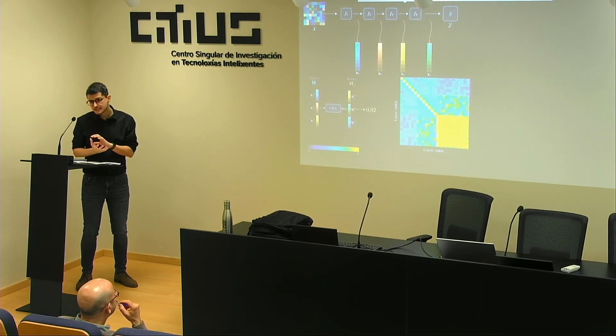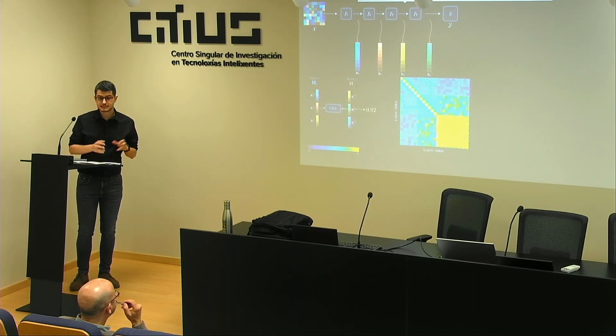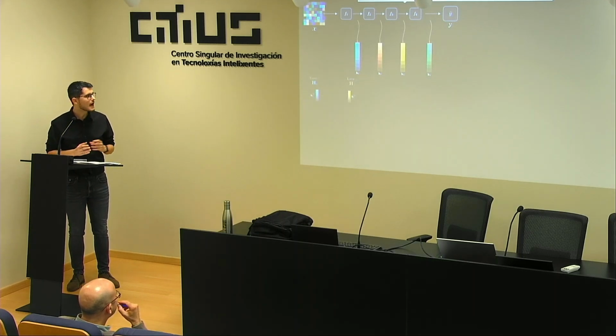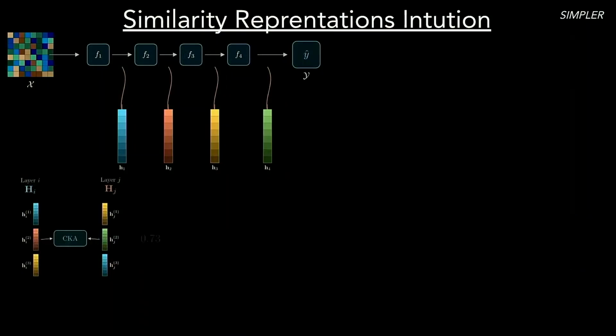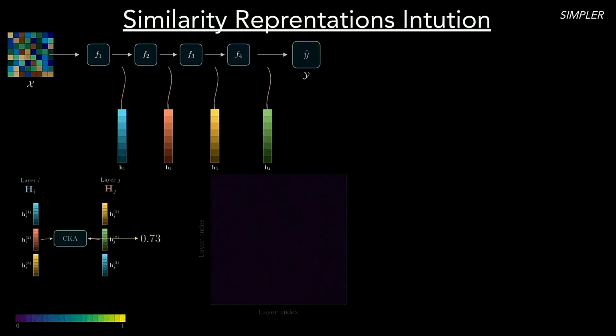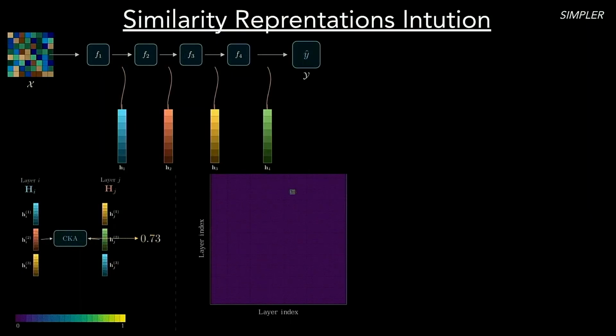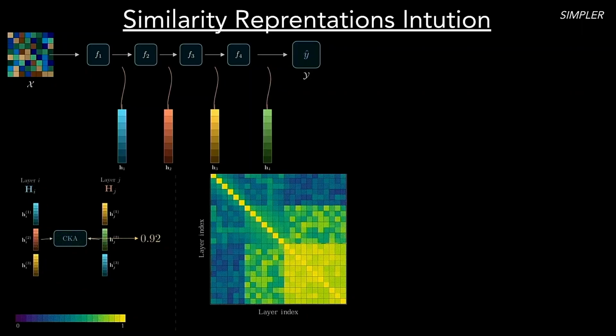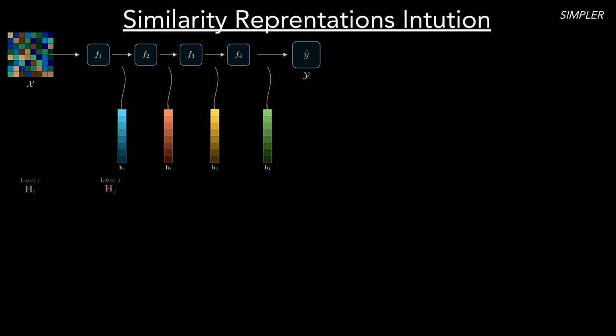So we collect some latent spaces that represent the whole dataset, and we are going to calculate a similarity metric. The similarity metric has to fulfill some mathematical properties, and with all this, we are going to build a matrix heat map that represents the similarity.